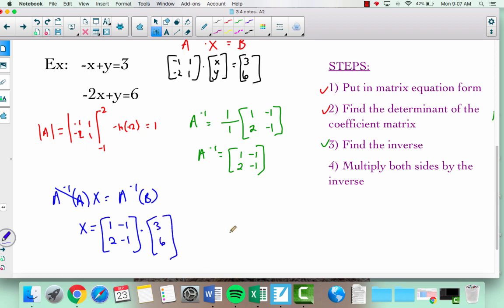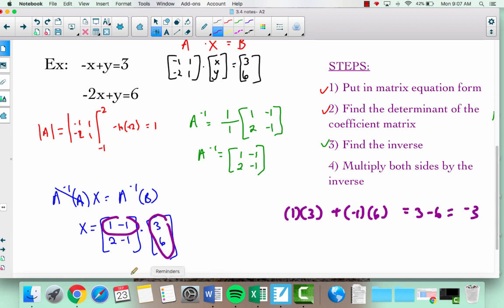And this is just remembering how to do matrix multiplication. So remember, we do a row to a column. So when I have 1 times 3 plus negative 1 times 6, that's going to get us 3 minus 6, which is negative 3. Then I do the same thing, row to the column.